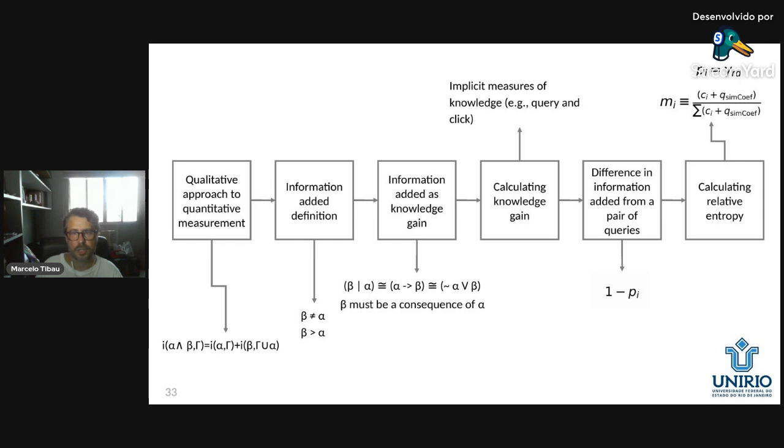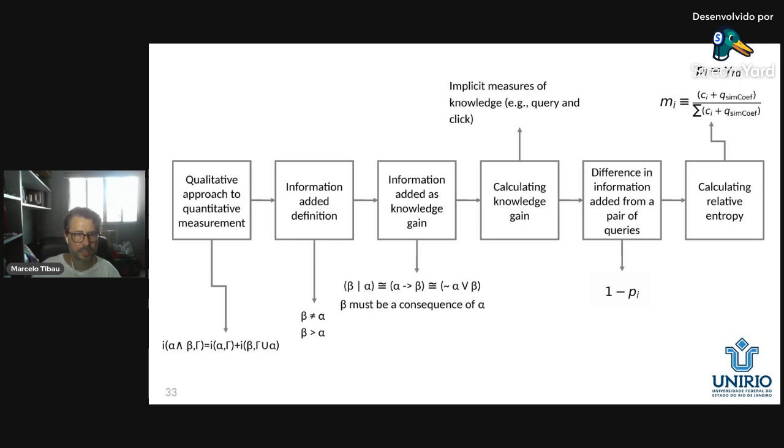Well, to calculate the knowledge gain, I used implicit measures of knowledge, specifically part and click. I will explain a little about it further. The difference in information added from pair queries was formalized by this sentence here, where 1 minus PI stands for the detection probability.